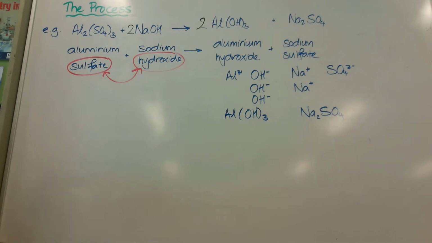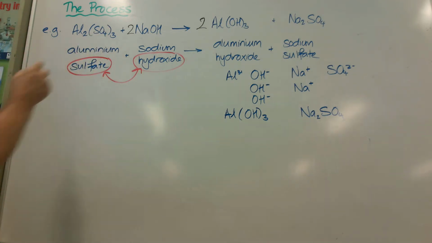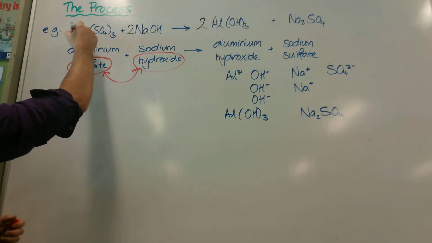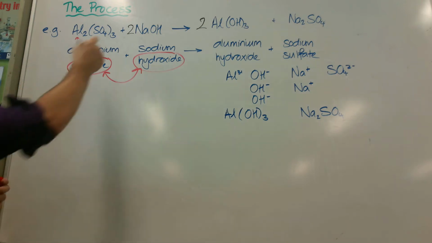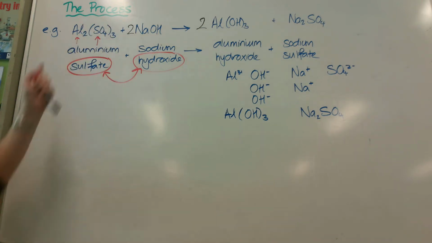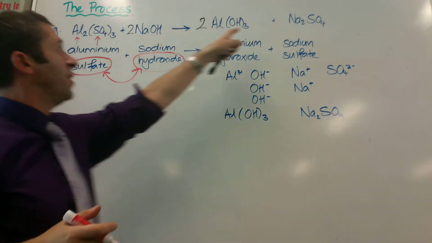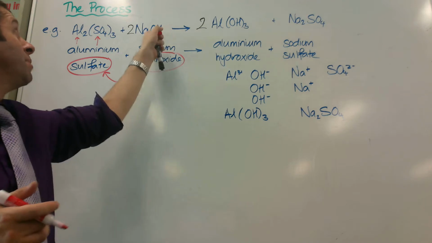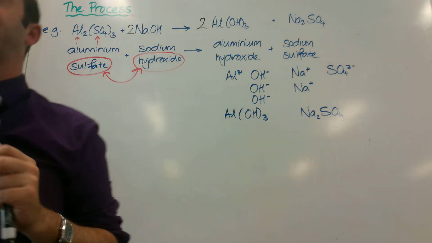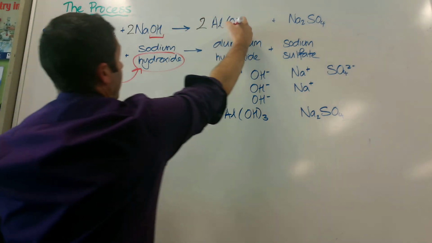And what I'm going to suggest to you is treat, because it's a precipitation reaction, treat this aluminium as one thing, it's one thing, Al3+. Treat sulfate as another thing, because see it stayed as sulfate over here. Sodium is one thing. And hydroxide, see it stayed as hydroxide? It didn't actually get broken up. The OHs are hanging out together. So you can treat it as a hydroxide.